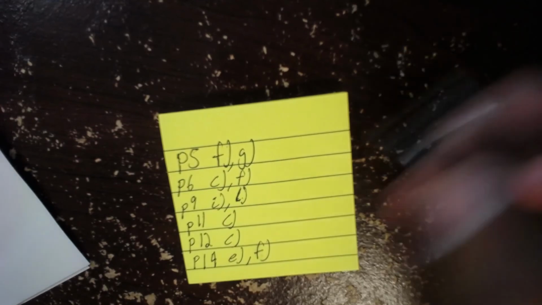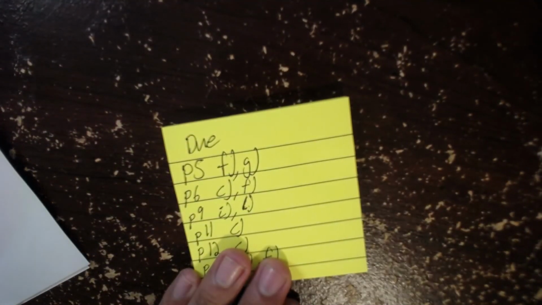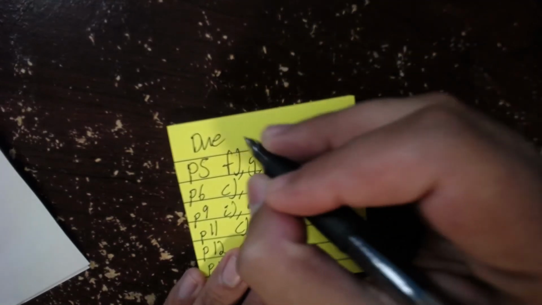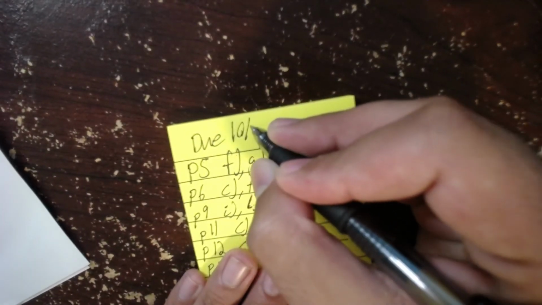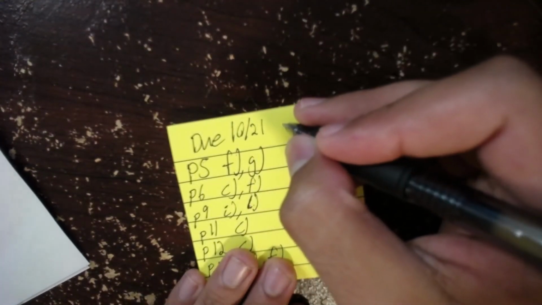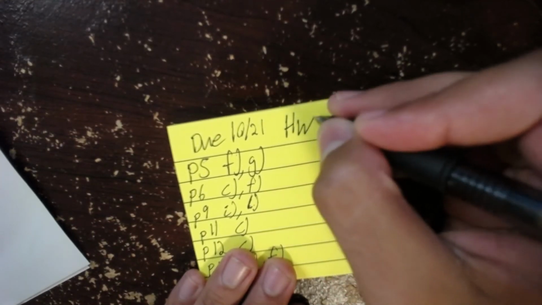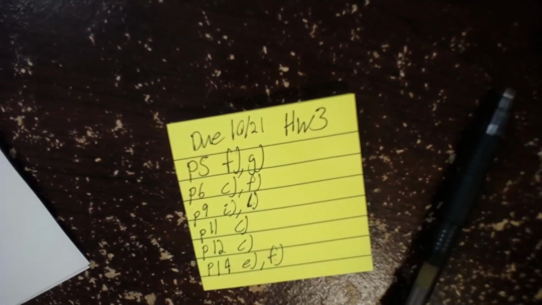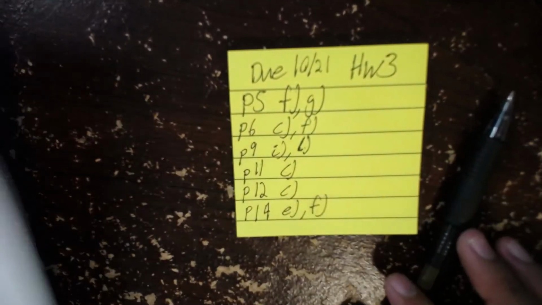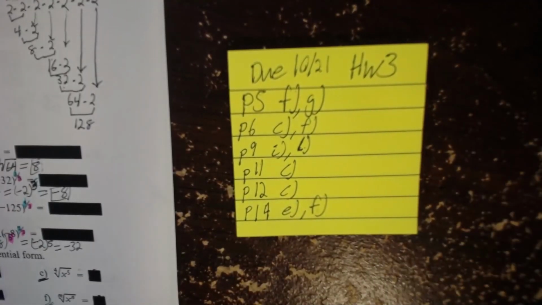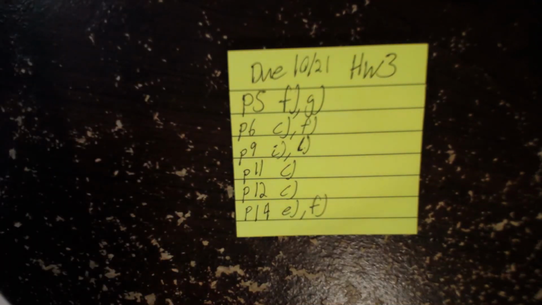Today is... and we meet tomorrow, that's pro hour, and then we meet on the 19th and then the 21st. So we're going to make this due on the 21st, and this is going to be homework 3. So these are going to be the problems. Okay. I will leave it at that.